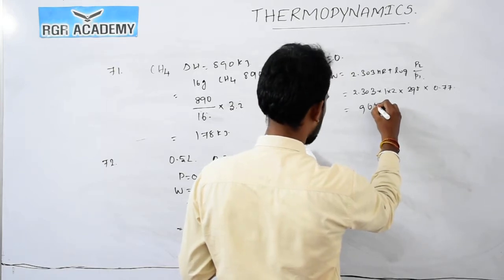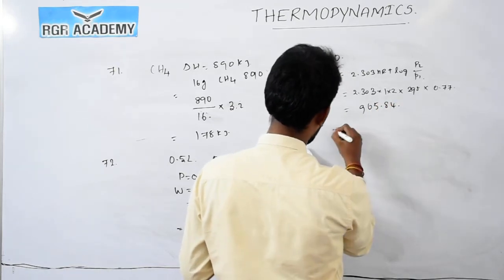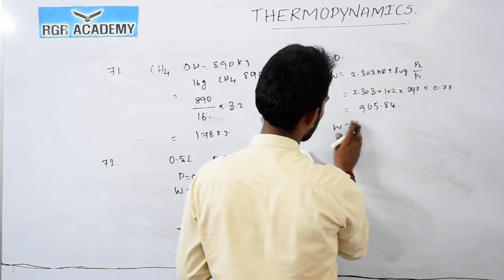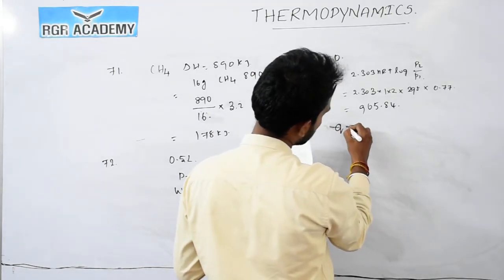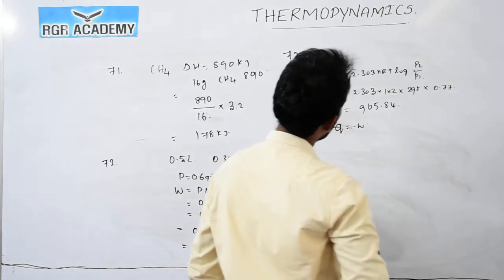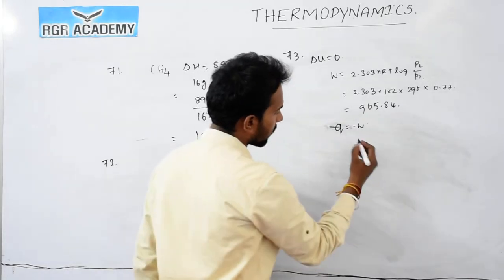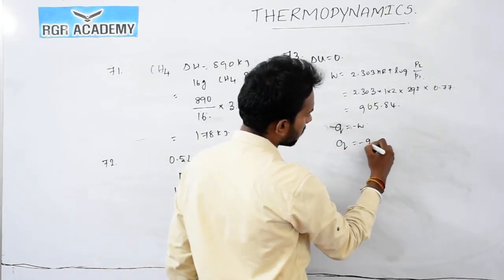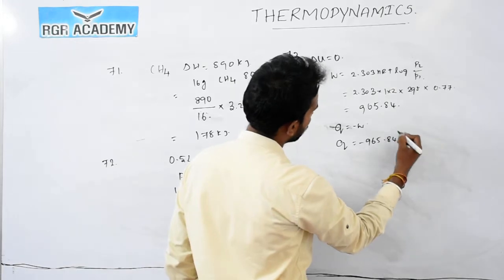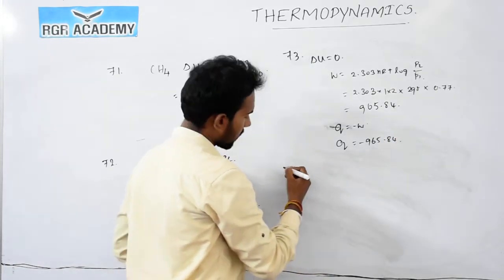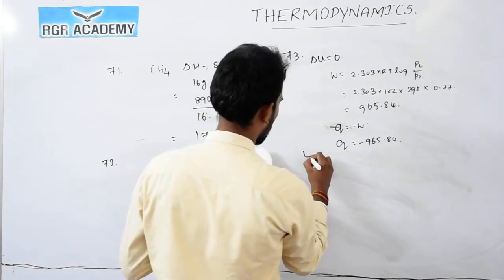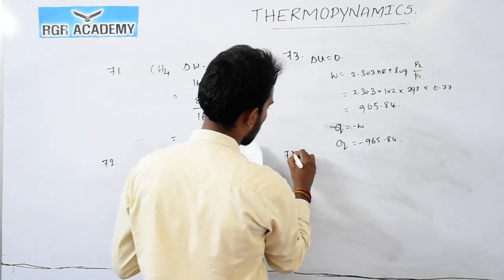Multiply with this one, we get 965.84. So we can say Q is equal to minus W. What is the value of Q? Q is equal to minus 965.84. So the question number 73 answer is 4.